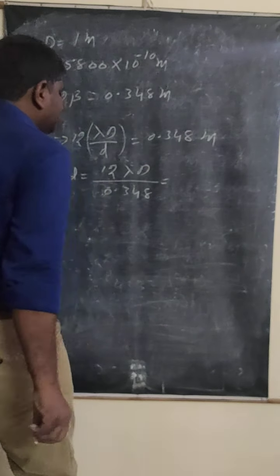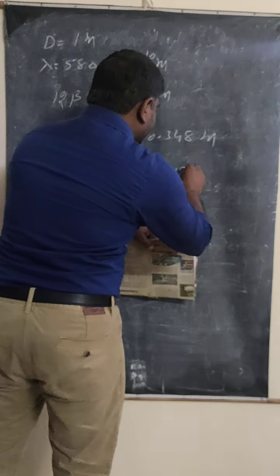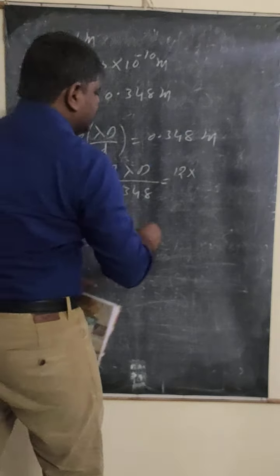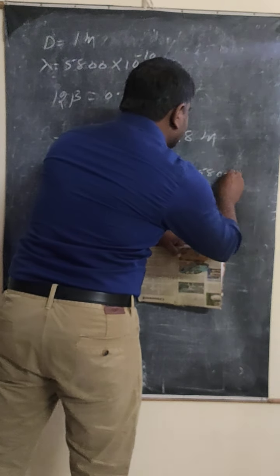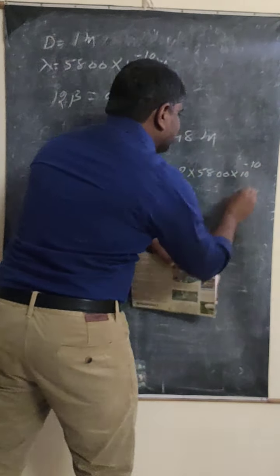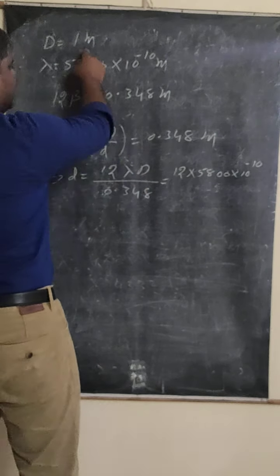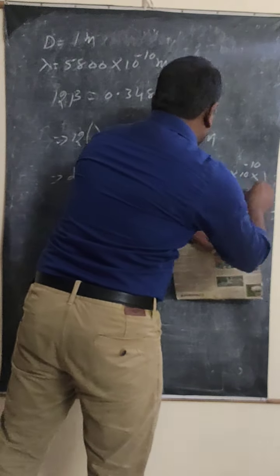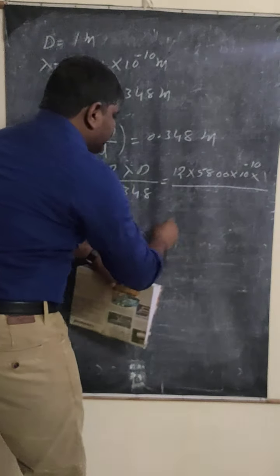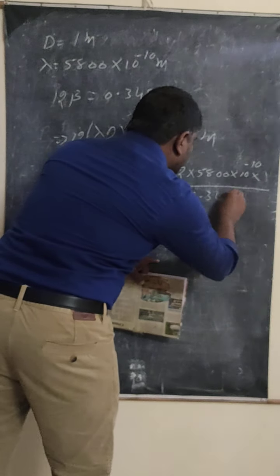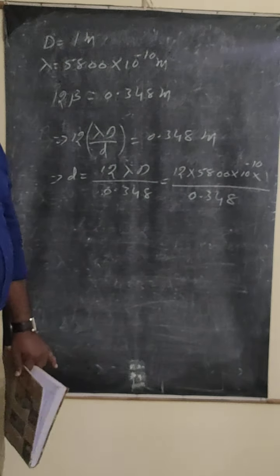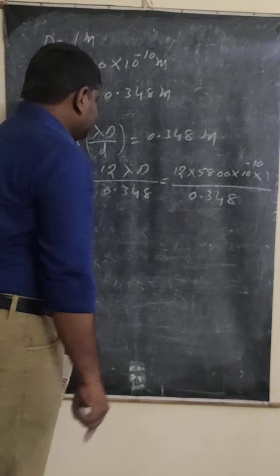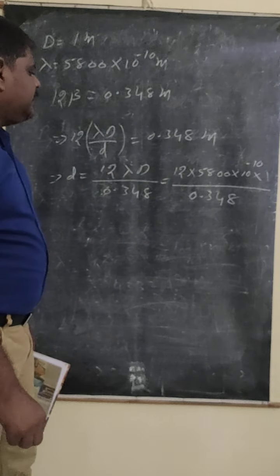Go on, substitute the values here. That is 12 into lambda, 5800 into 10 power minus 10, into capital D, which is 1, divided by 0.348. So this is the small d value, the distance between the slits.